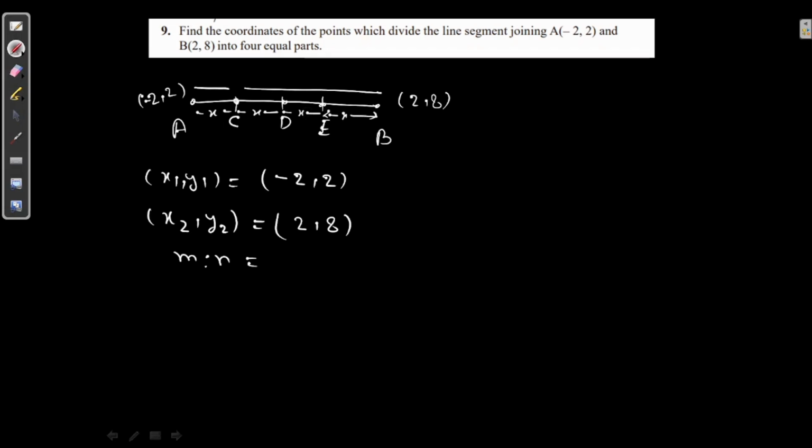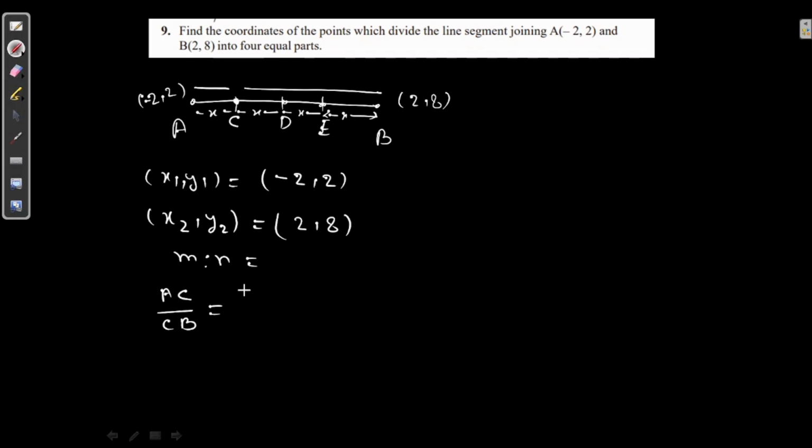This point I will treat as capital X, capital Y in my formula, because x I have already taken. Why am I taking all the distances as x? Because they say into 4 equal parts. Let the length of one part be x, so all parts have the same length.